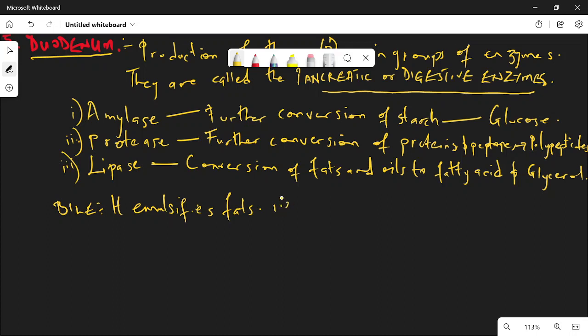That is, it breaks down fats. That is what this particular bile does, and it is produced in a sac called the bile duct.